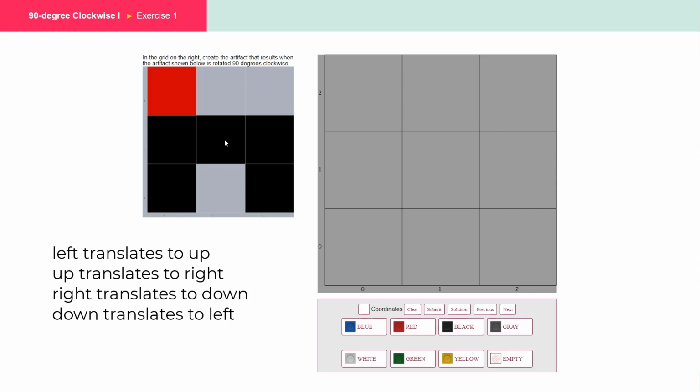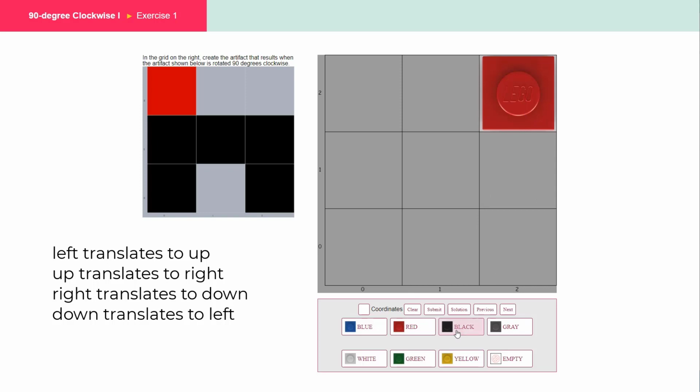Well, in that case, what used to be left now is up. Remember, the ground is on this side now, right? So what was left in the original artifact becomes up in this rotation, and then up translates to right. So here it's left and up, and this becomes up and right. All right, got the first one.